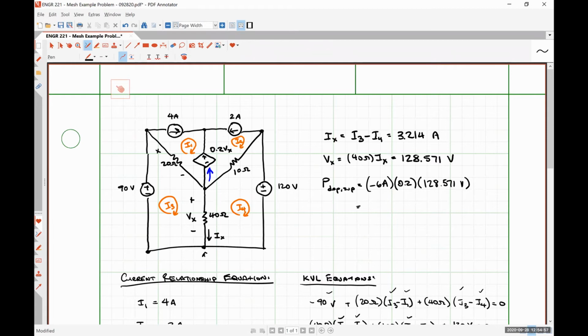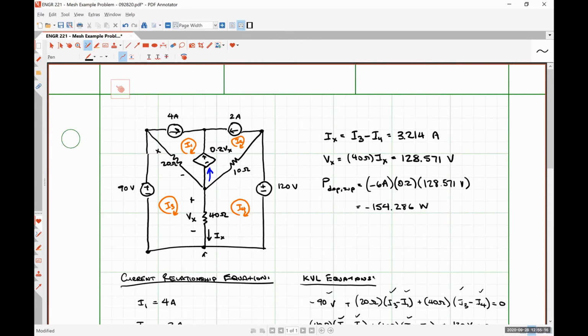I get negative 154.286 watts. So what does it mean that the power supplied by the dependent source is negative?